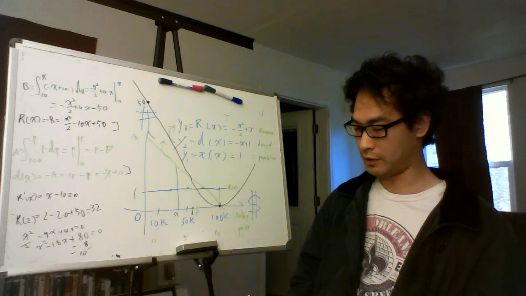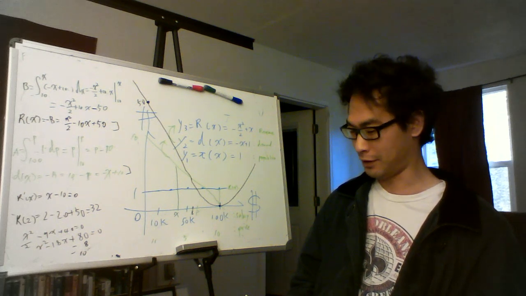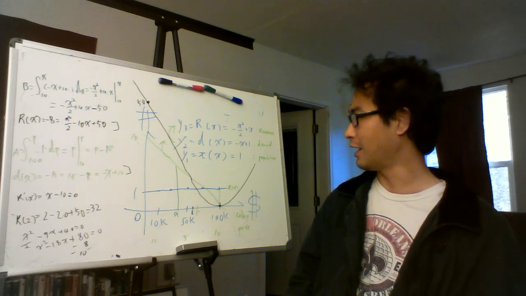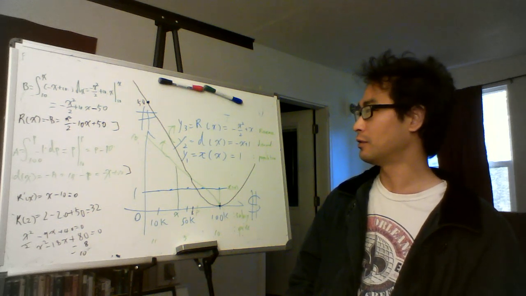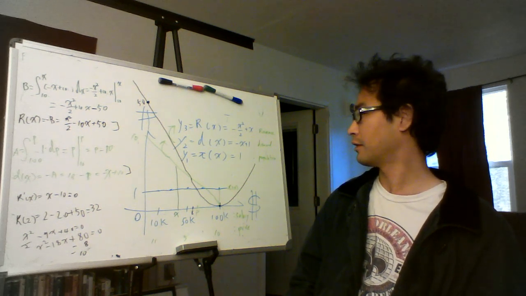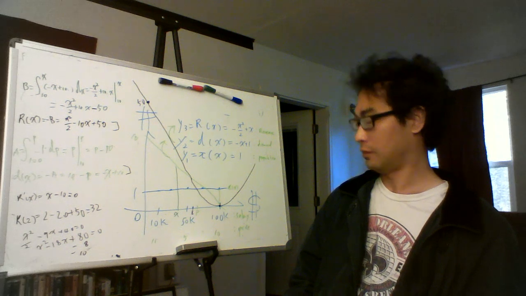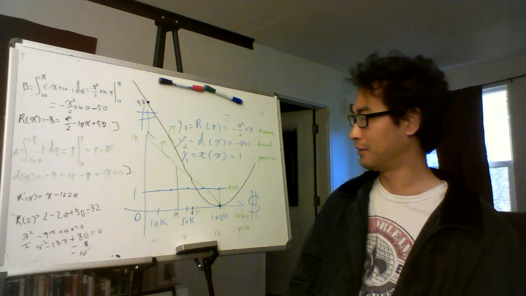Yeah, because economists, they're not very good at mathematics, so we as mathematicians, it's so easy to defeat them.